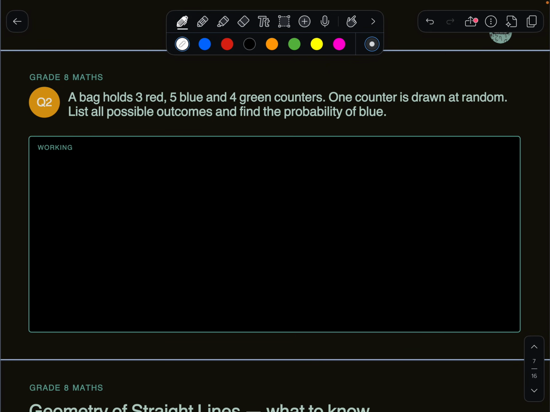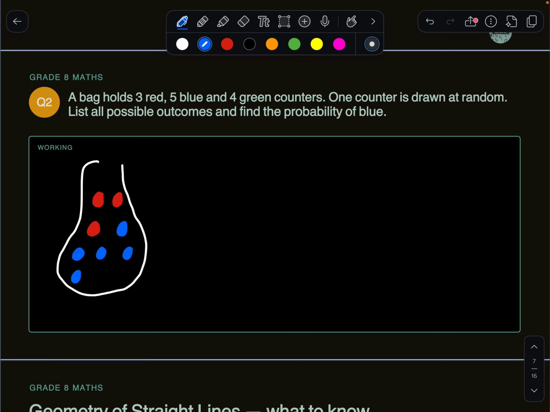So a bag holds 3 red, 5 blue, and 4 green.